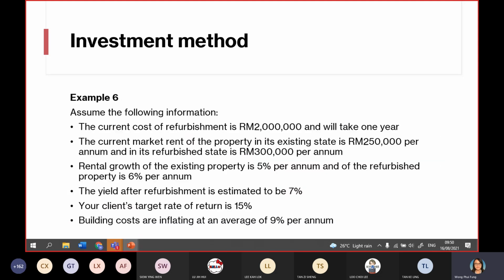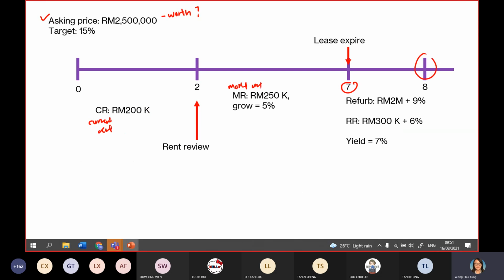Okay? Assuming the following information. Just now, the owner said he wants to do, your client said he wants to do refurbishment. So you estimate the refurbishment cost is approximately 2 million and will take 1 year. So I will put here refurbishment cost 2 million.